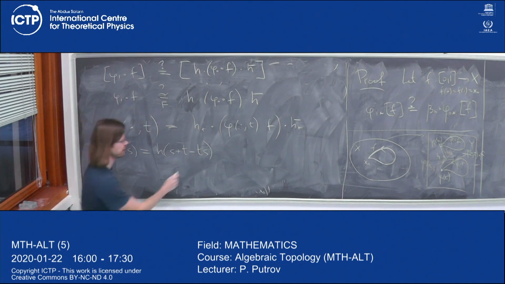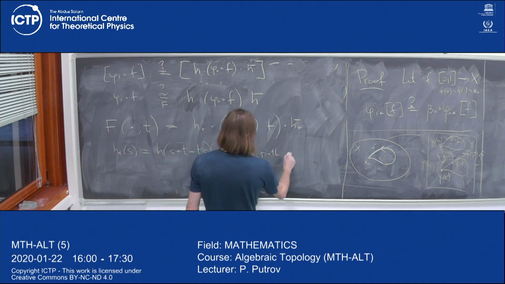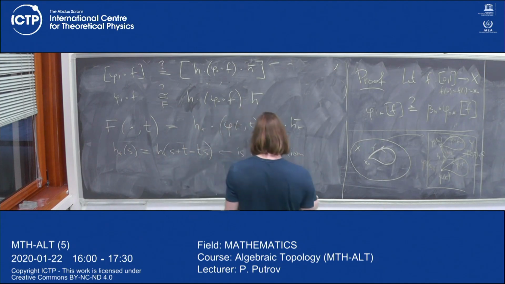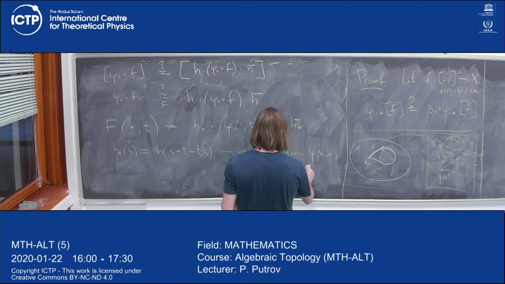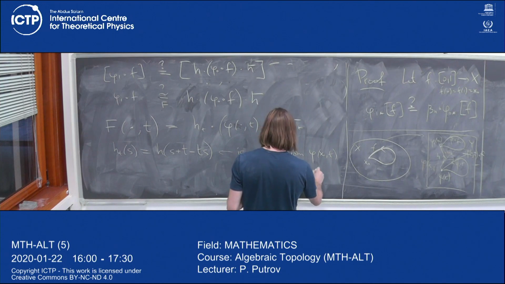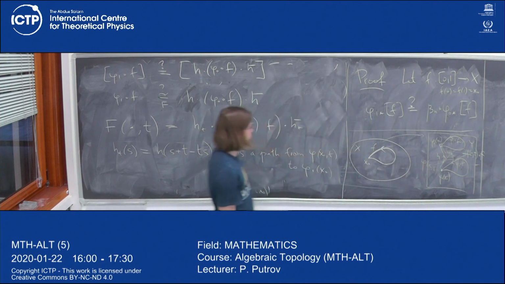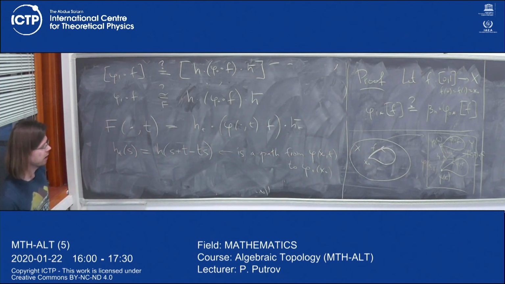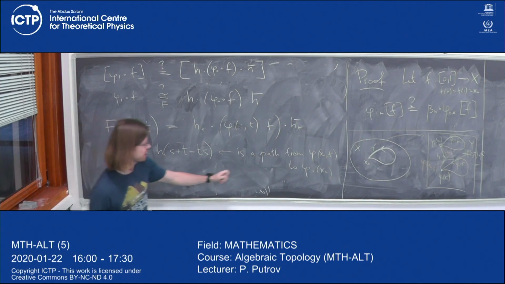So this is a path from phi of x0, t to phi 1 of x0. We can check this is indeed true.